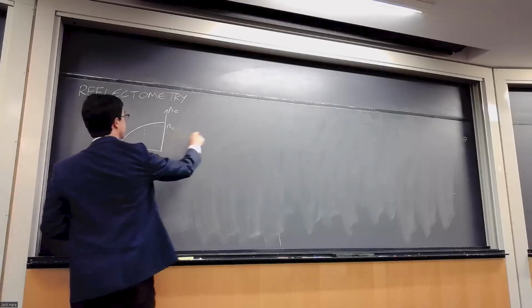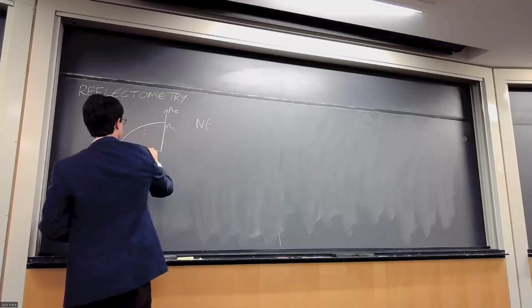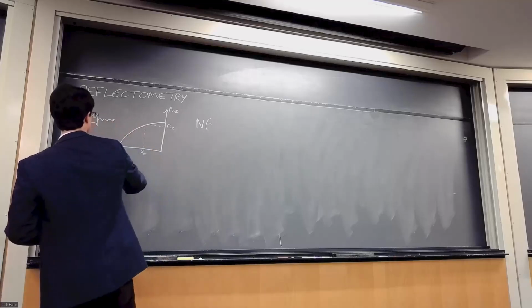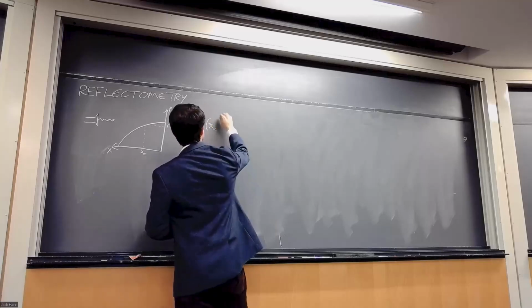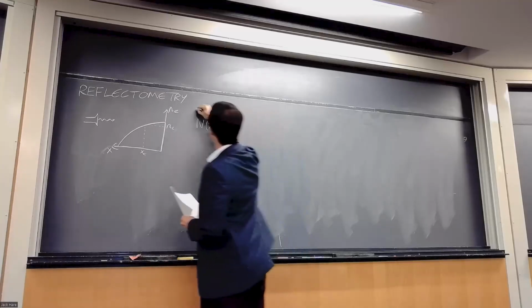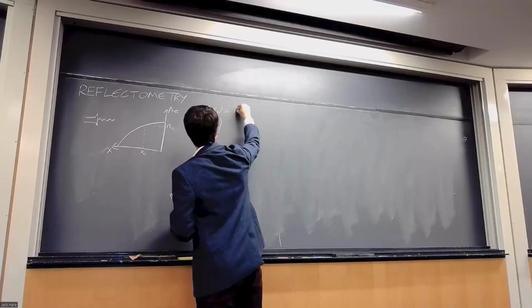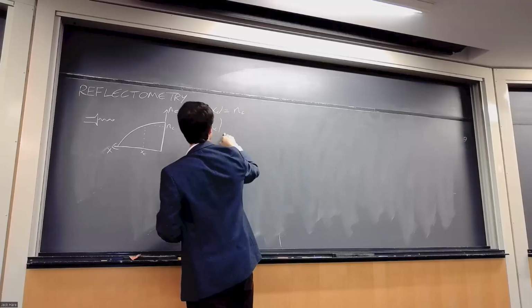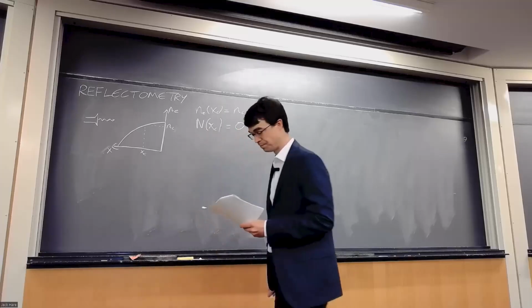And at the critical density, we'll call that point x_c. So the density at x_c is just the critical density, and the refractive index at the critical density is 0.